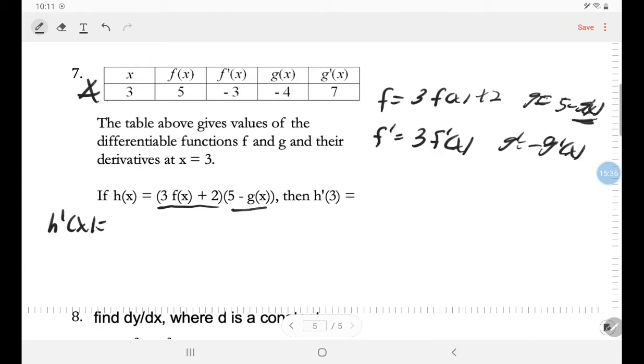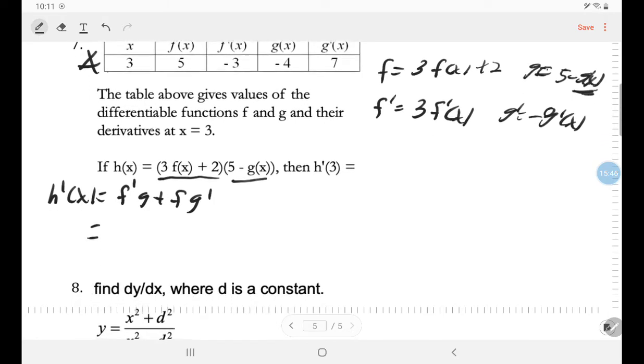And that I'm going to plug into my f g prime, the first prime the last, plus the last prime the first. And let's see what happens.